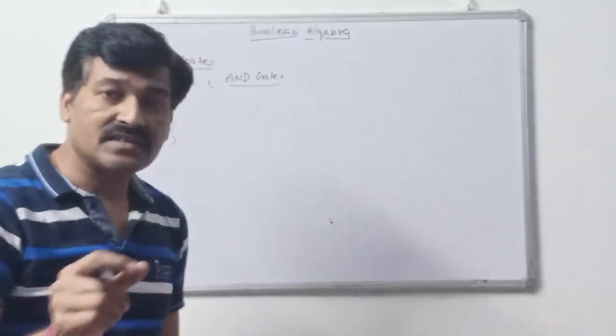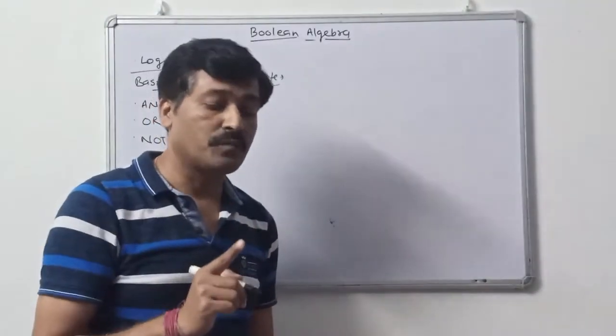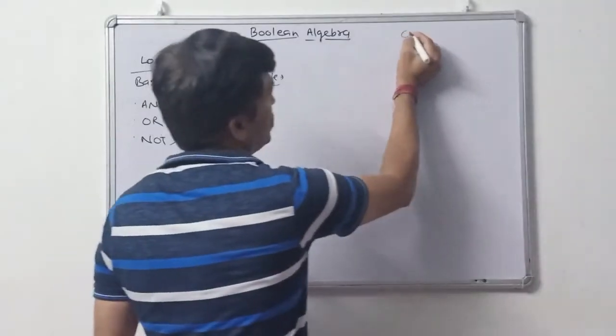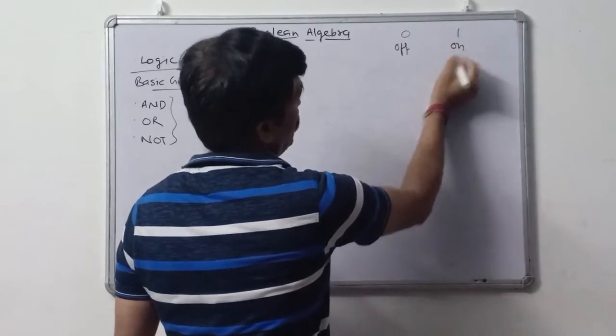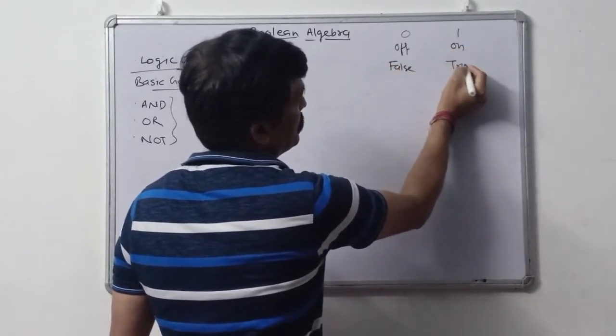The AND gate returns true if and only if both the inputs are true. As I told you, it is 0 or 1, it is off, it is on, it is false, it is true.